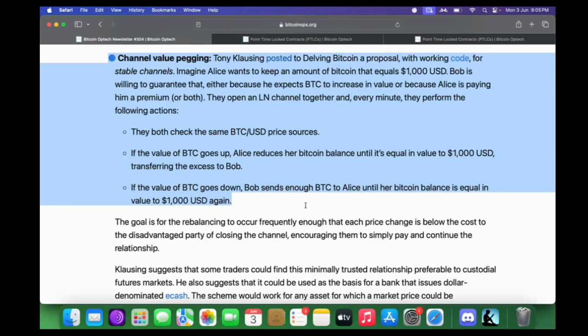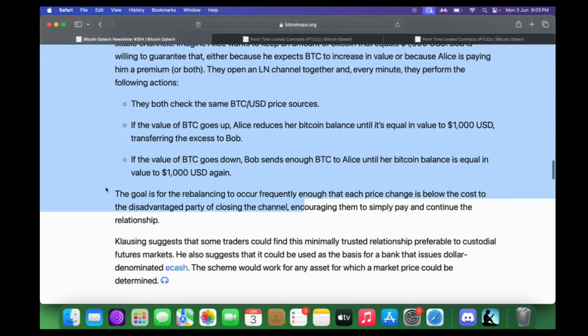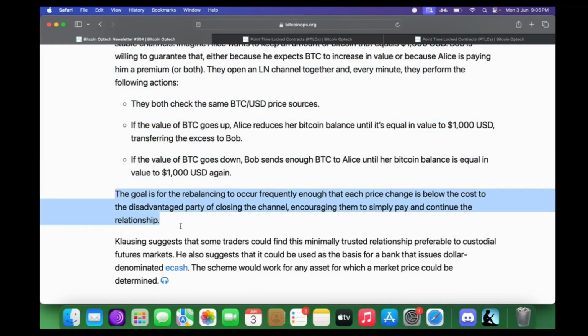If the value of BTC goes down, Bob sends enough BTC to Alice until her Bitcoin balance is equal in value to 1000 USD again. The goal is for the rebalancing to occur frequently enough that each price change is below the cost to the disadvantaged party of closing the channel, encouraging them to simply pay and continue the relationship.